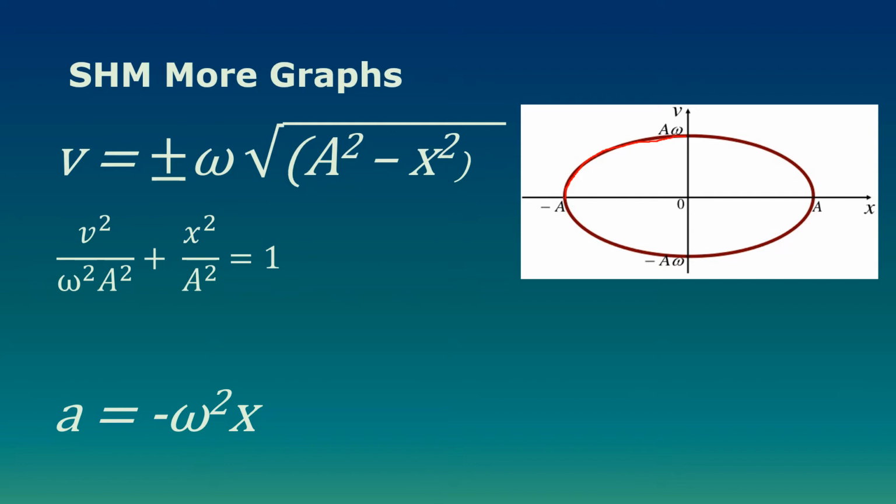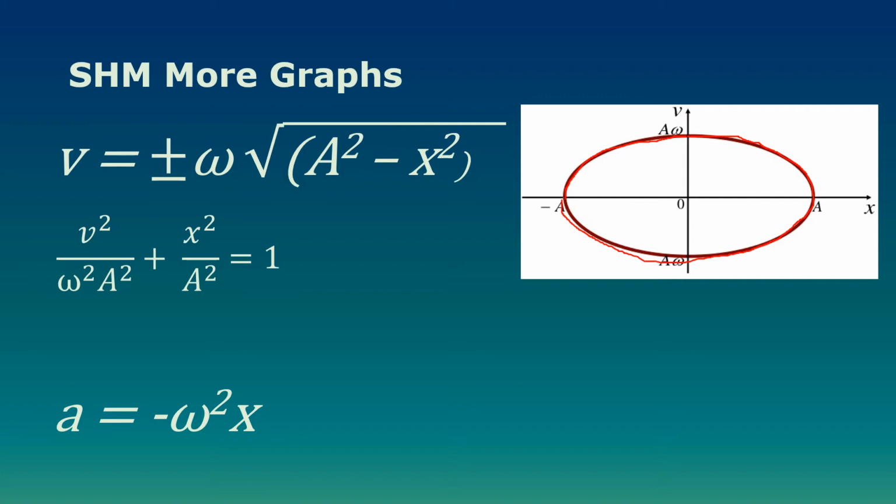It reaches equilibrium here at maximum velocity, then from there slows down to amplitude on the other side, and then just reverses the cycle back in the opposite direction. And we get that sort of shape there. So it's an ellipse shape for velocity against displacement.